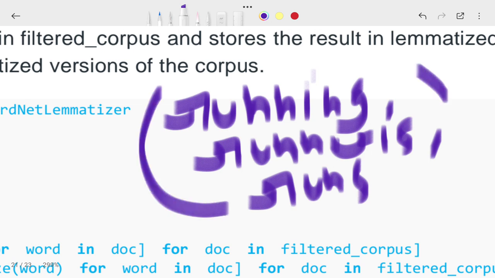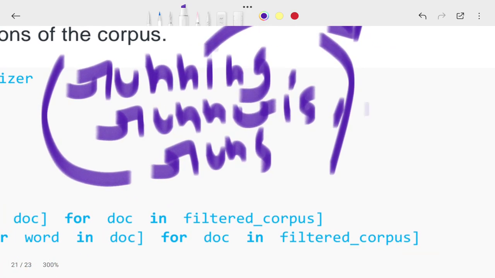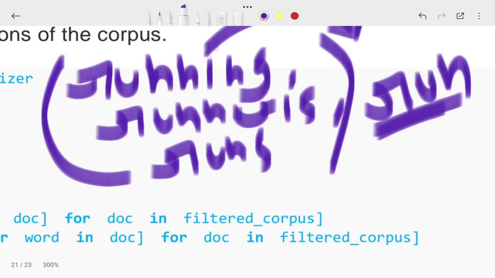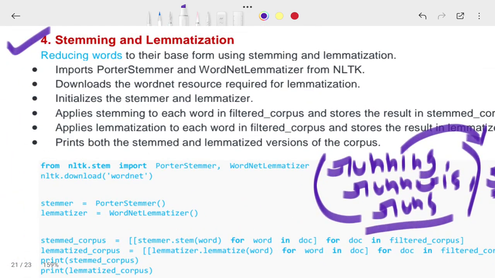If I write only "run" in place of these, that is the actual base form, or you can say the dictionary form of the word. So this is the meaning of lemmatization.